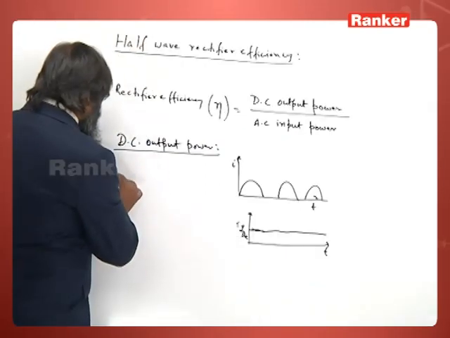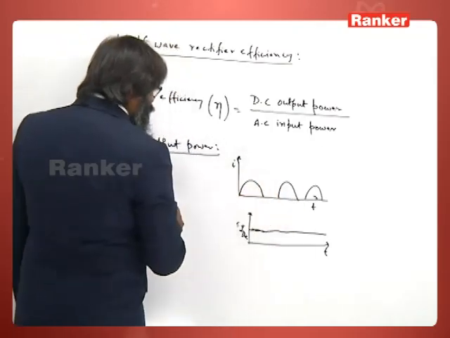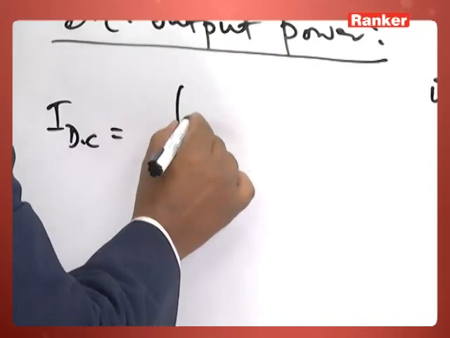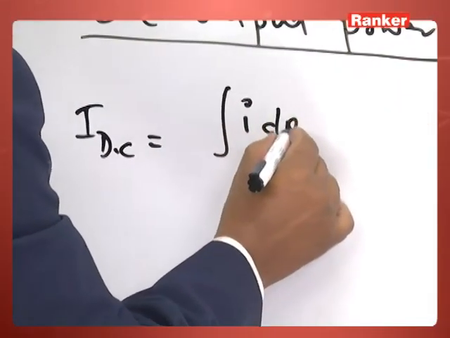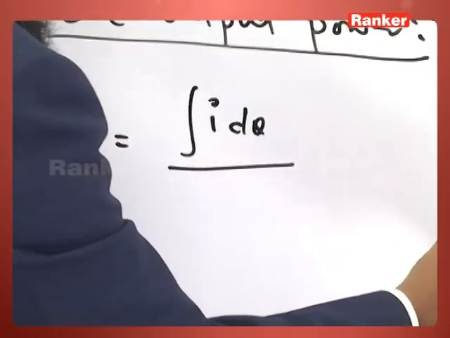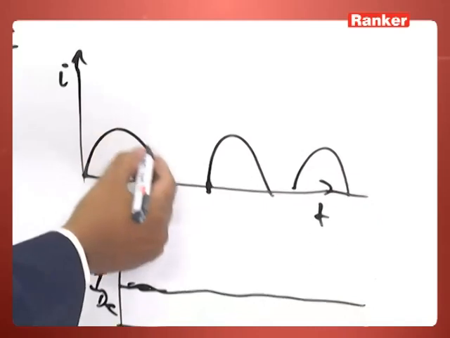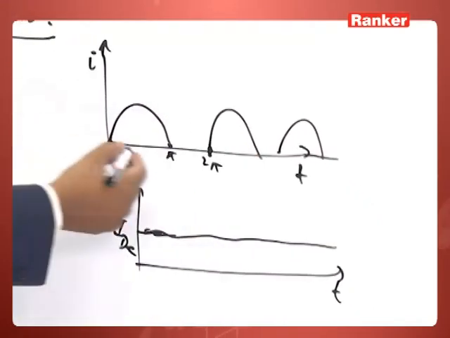So IDC will be equal to the integral of this function I with respect to theta. Suppose I take from here to here, this is pi and this is 2 pi, if I plot theta here.